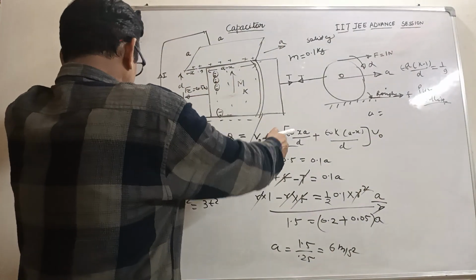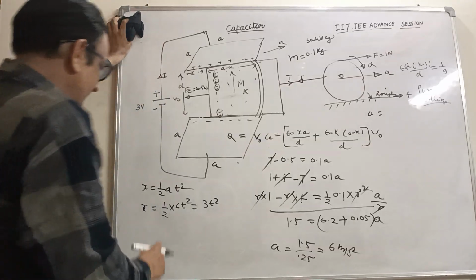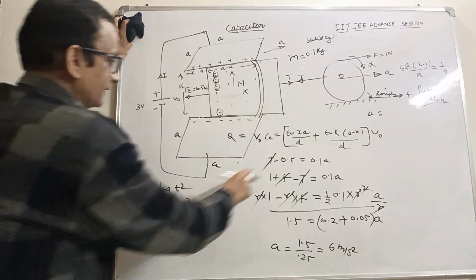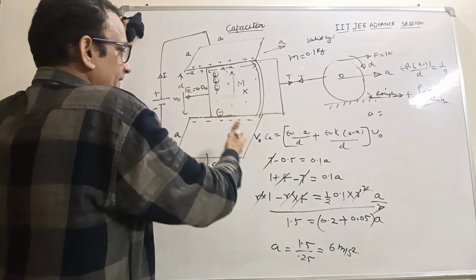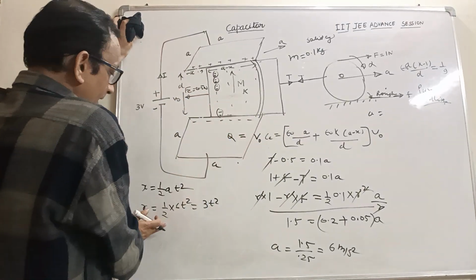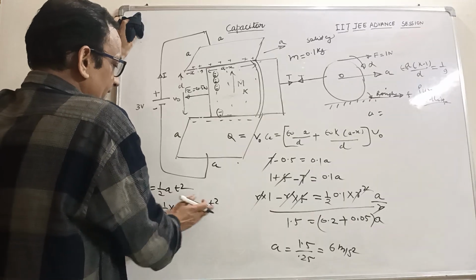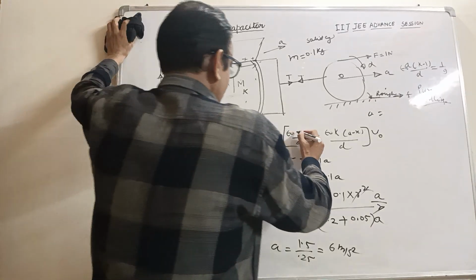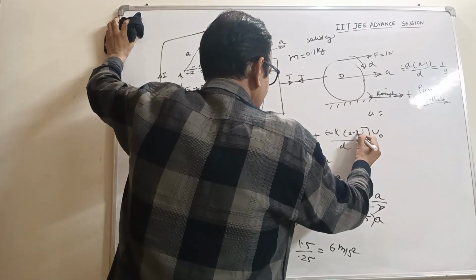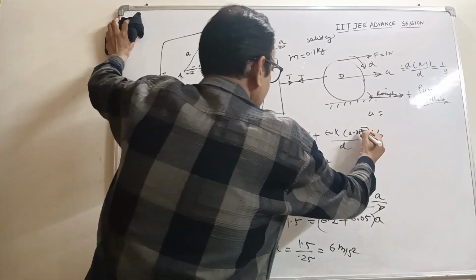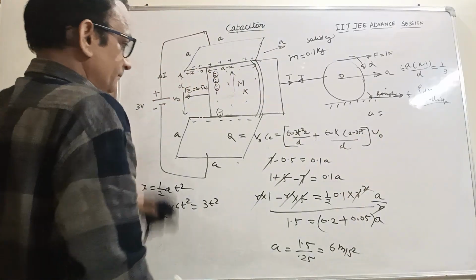And putting the value of x here, x is equal to 3t square. So for differentiation, for getting current, we have to change the displacement into a function of time. So x becomes 3t square.